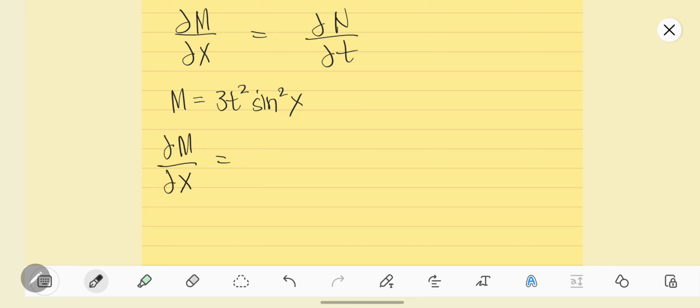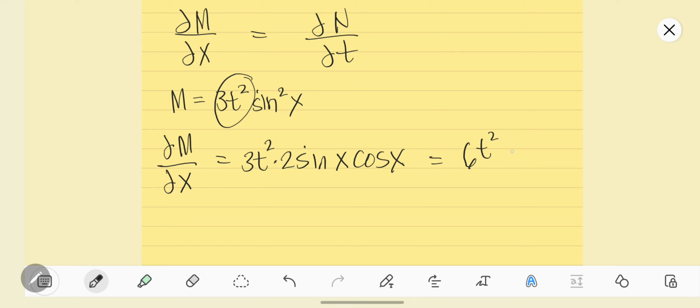So the derivative of this is 3t squared times the 2 sine x cosine x, and then this must be equal to, that's 6t squared sine x cosine x.